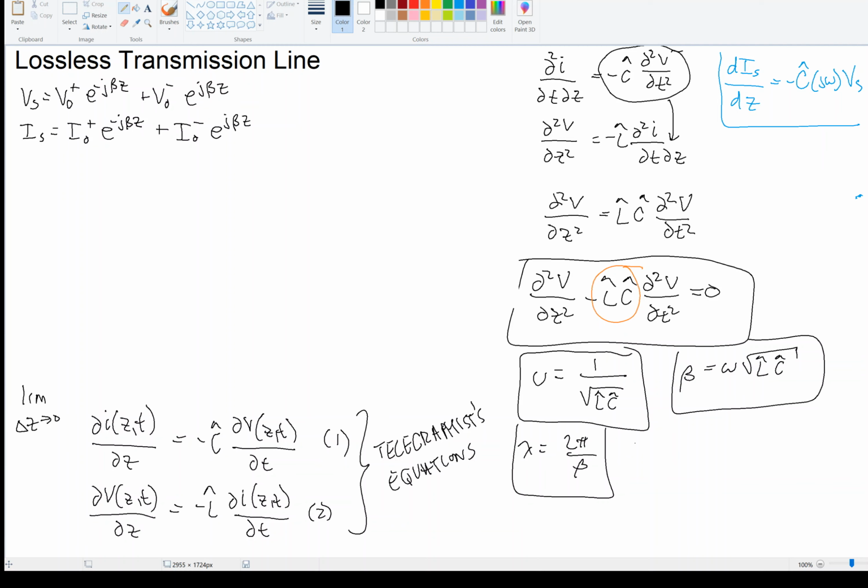Okay, and from this one now in blue, or actually let's just keep that in mind. But let me take the derivative here of this equation that I just wrote down for I. If we take the derivative of that, what we see is that we would get negative j beta I0 plus e to the minus j beta z, plus j beta I0 minus e to the j beta z.